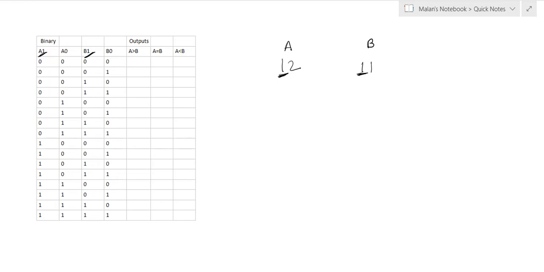If both are the same, then the comparison is shifted to the right hand side, that is to the next significant digits. Now here 2 and 1 are compared. In 2 and 1, which is the greater one? 2 is the greater one. So the output will be given as A greater than B.